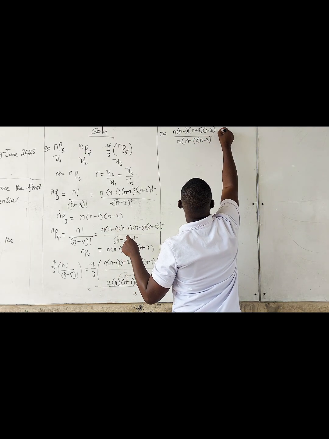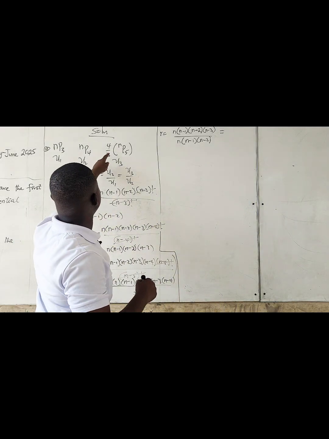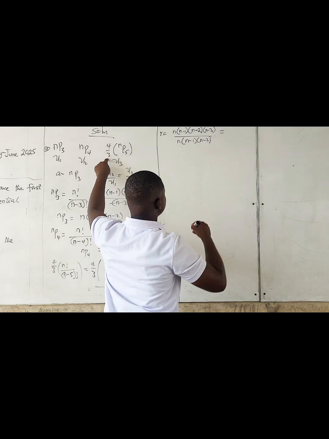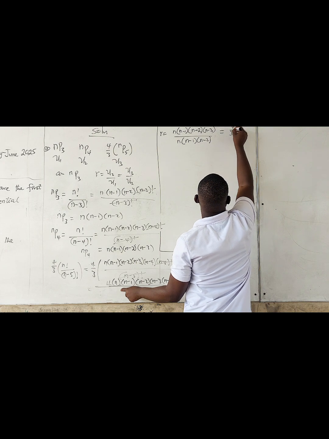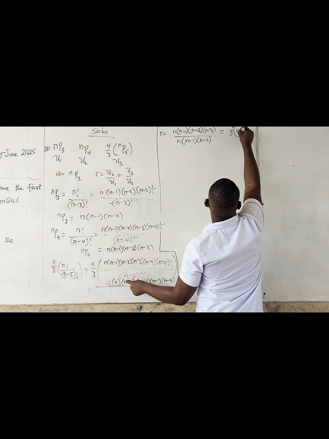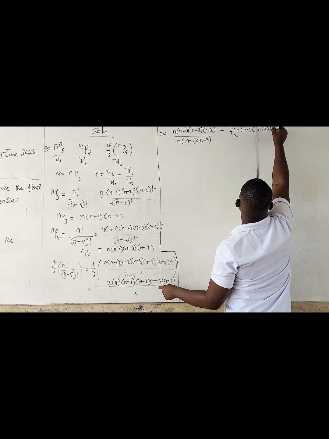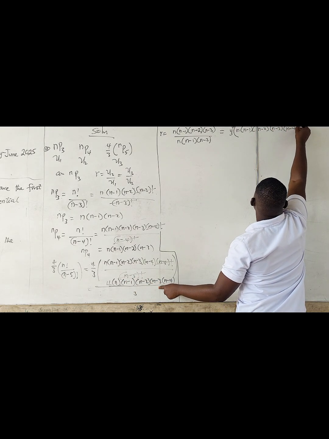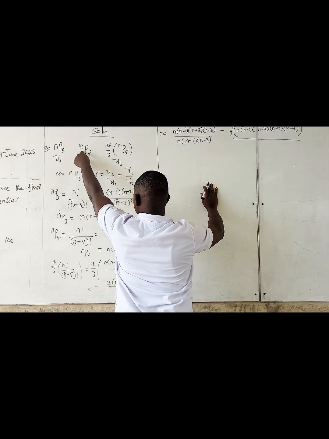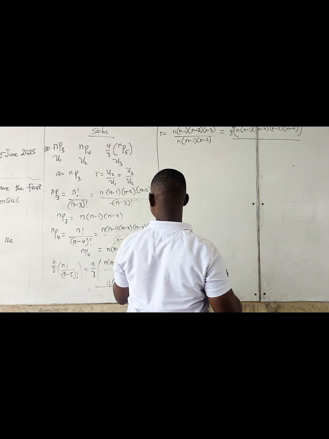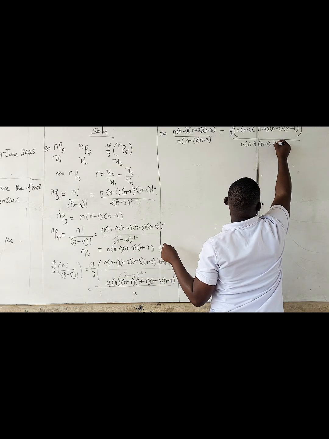This should be equal to U3 over U2, that is 4/3 nP5, which gives us 4/3 n(n minus 1)(n minus 2)(n minus 3)(n minus 4), all over nP4, which is n(n minus 1)(n minus 2)(n minus 3).